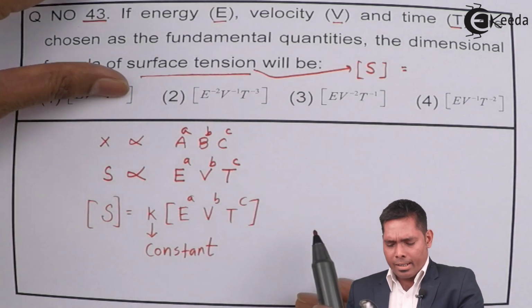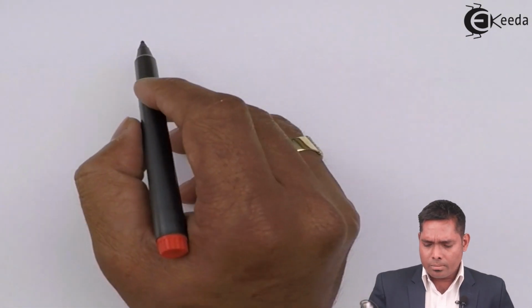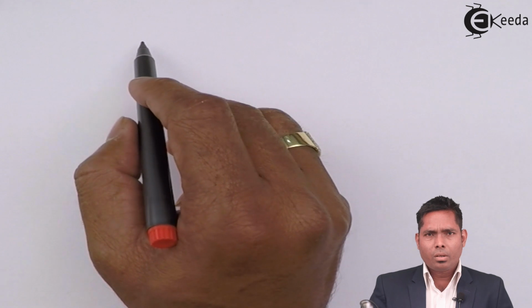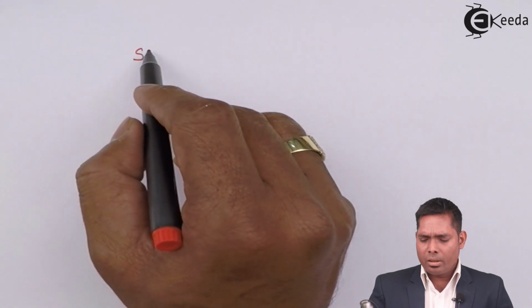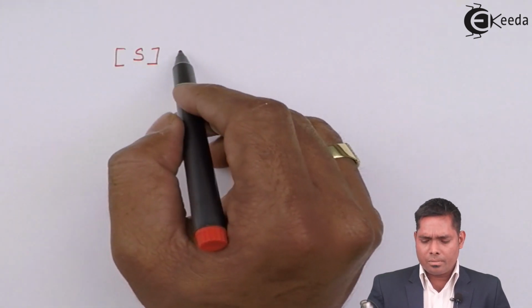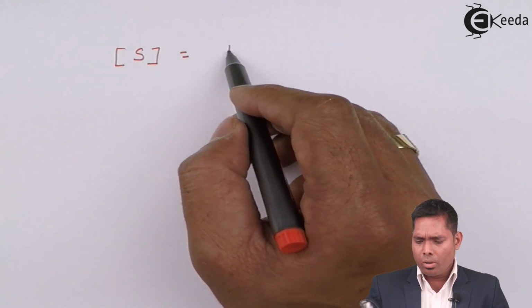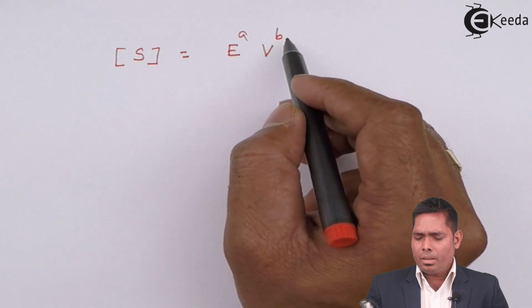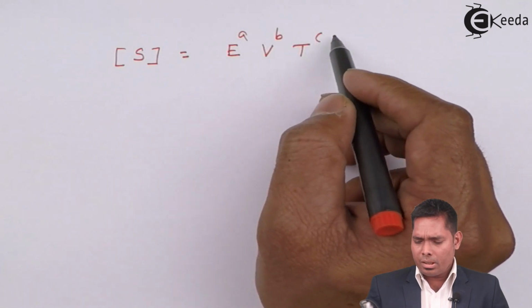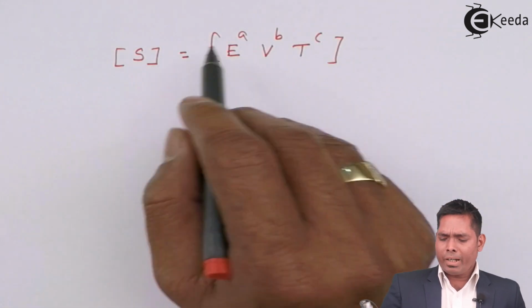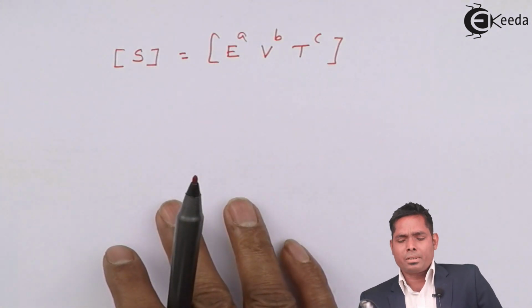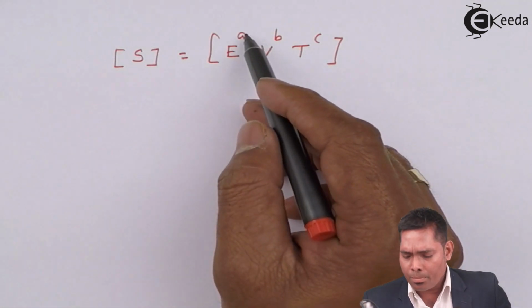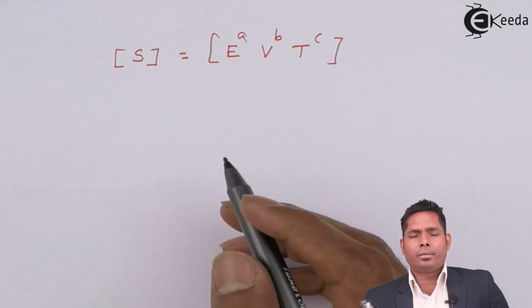So finally I have the equation: the dimension of surface tension must be equal to the dimension of E to the power a, V to the power b and T to the power c. I have to solve this in terms of dimensions and then find the powers a, b and c.